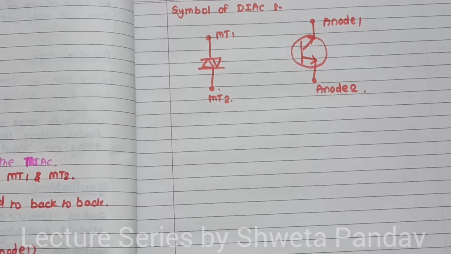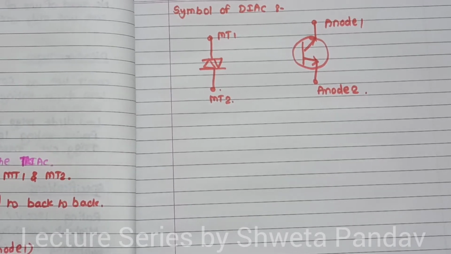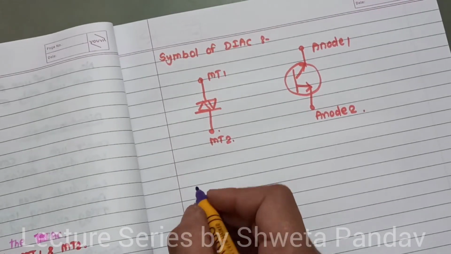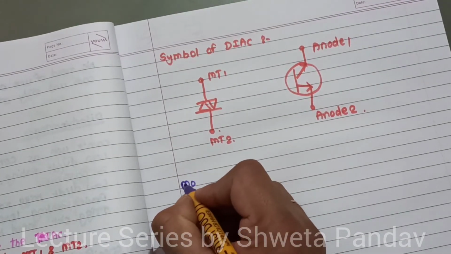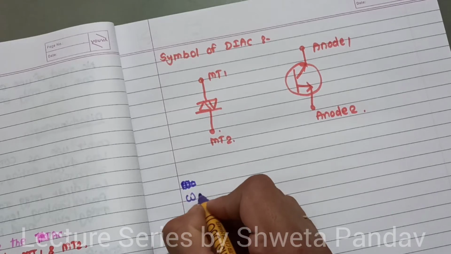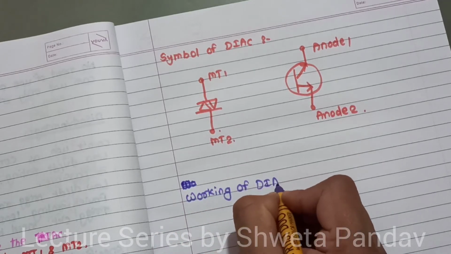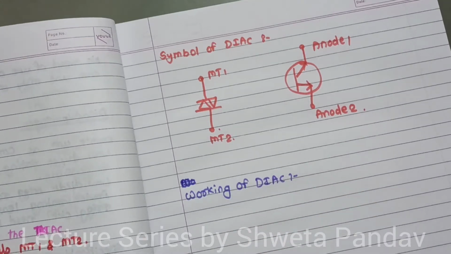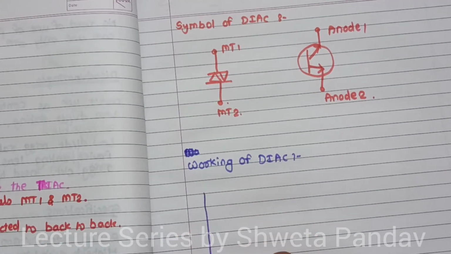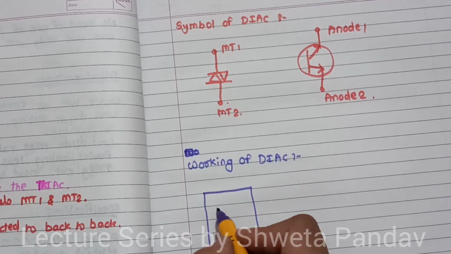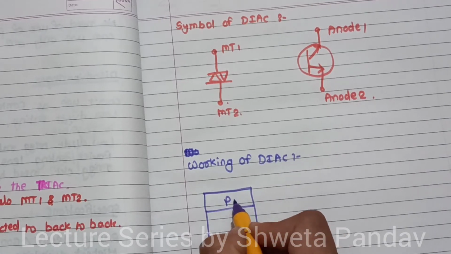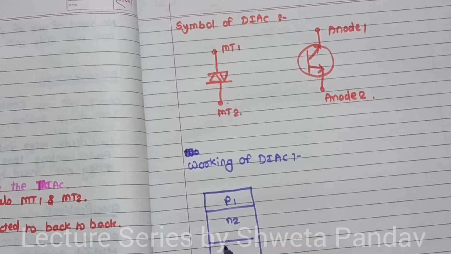Now let us see the mode of operation of DIAC. As we had seen in the triac, similarly we will see the working of DIAC here. If I draw a structure same as that of the triac, here we have four layers, P1, N2 and P2, N3.